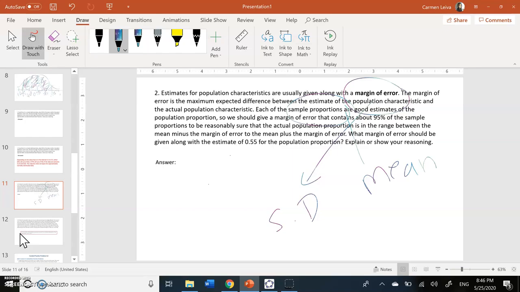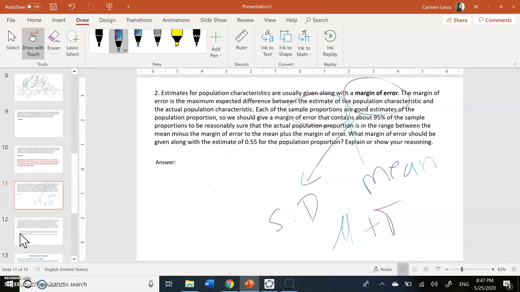Once again, this is talking about the mean plus or minus the standard deviation, but in terms of variability. So it says what margin of error should be given along with the estimate of 0.55 for the population proportion.